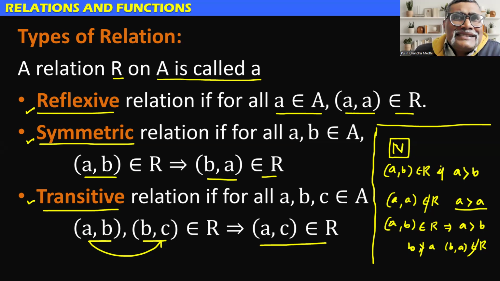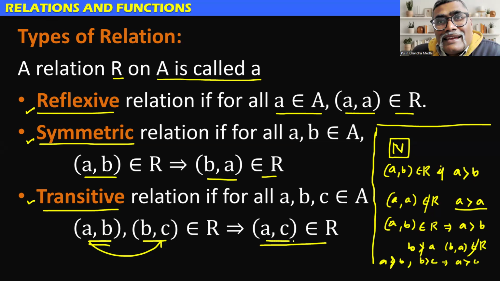Now, in the third case, you have to consider A comma B belongs to R. It means A is greater than B. B comma C belongs to R. That means B is greater than C. So will it imply A greater than C? Yes. That already we know.